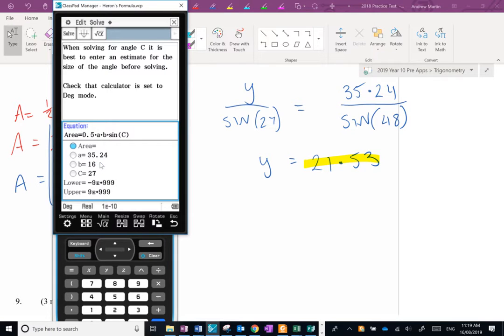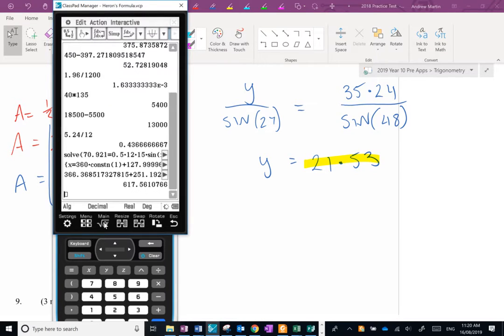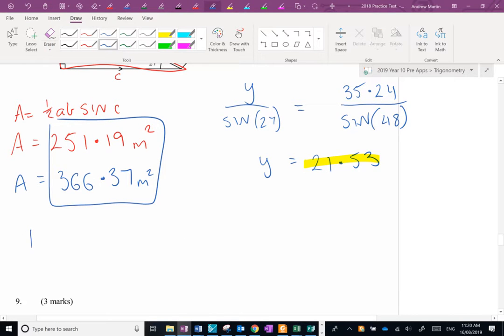That was 16 and 63. Area of my first triangle was that. So I'll copy that, go into main, and add that on. Two areas added together then is 617.56. Whoa. Did you get that?